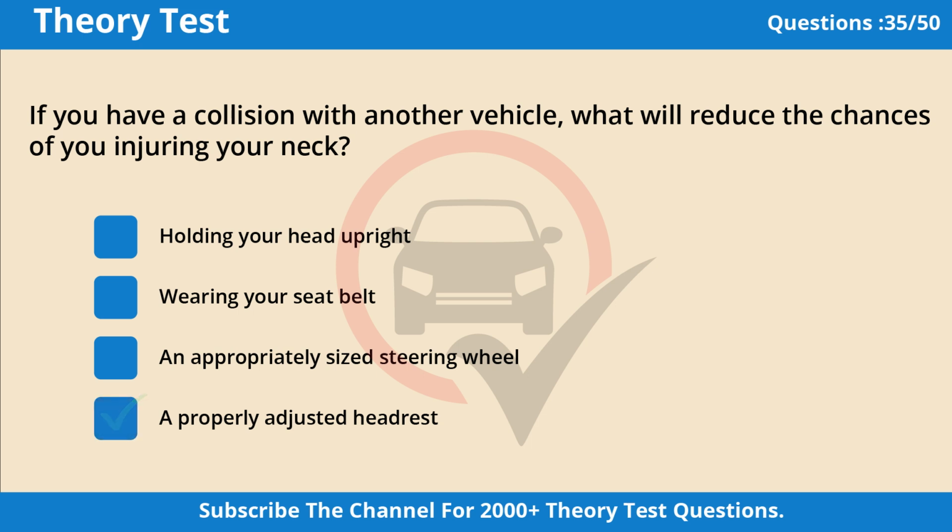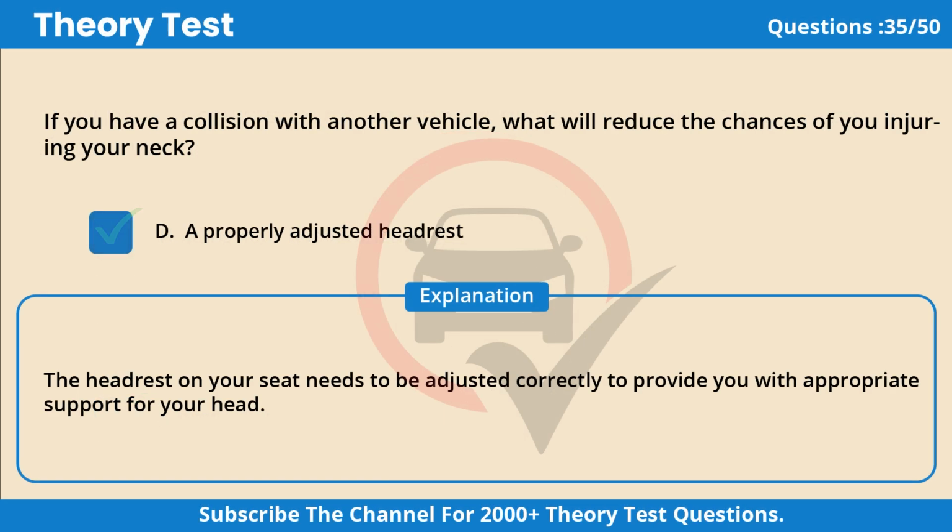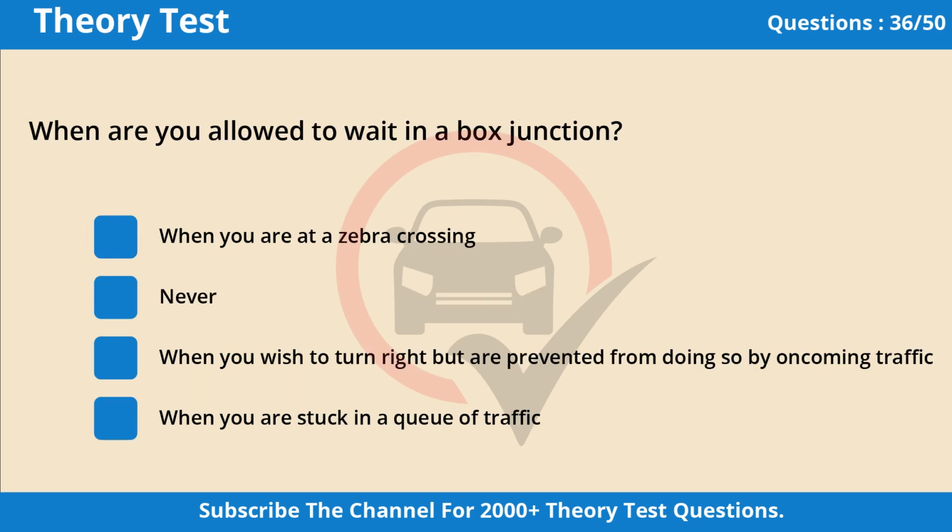D. A properly adjusted headrest. The headrest on your seat needs to be adjusted correctly to provide you with appropriate support for your head. Question 36. When are you allowed to wait in a box junction?